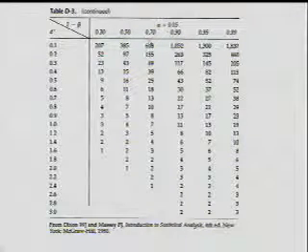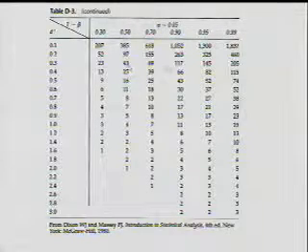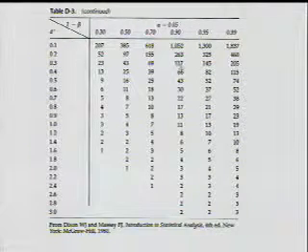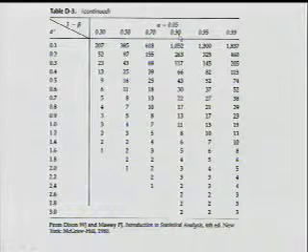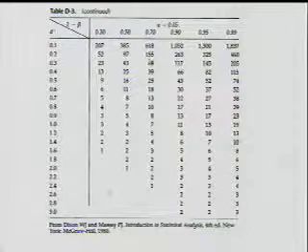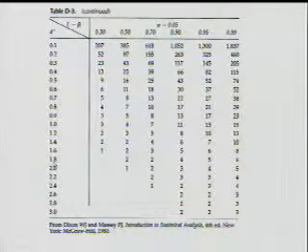This is the 0.5 that was described before. The 0.3 would have to be 117 to get a 0.9 power, 90% power at an alpha of 0.5. But look what happens as this number increases.